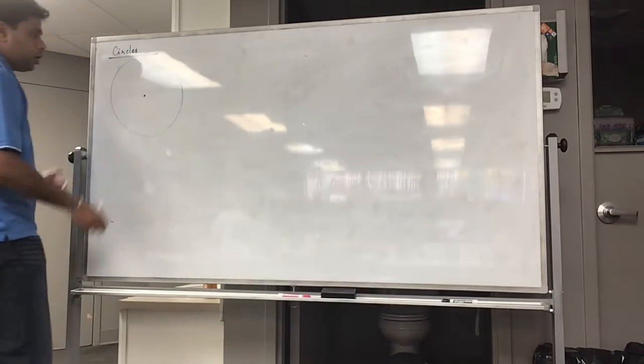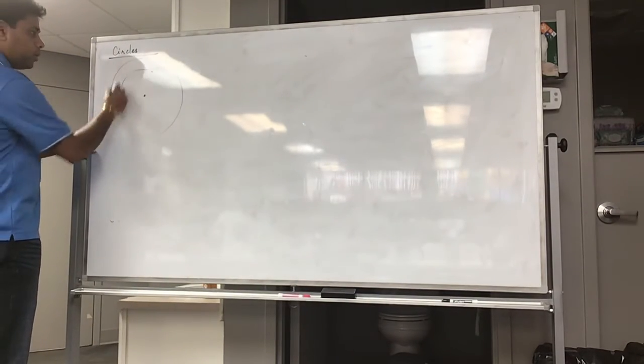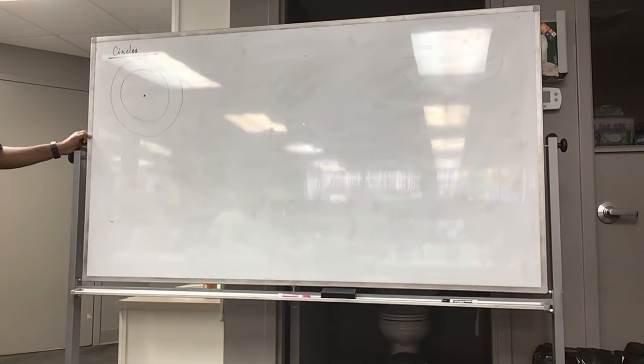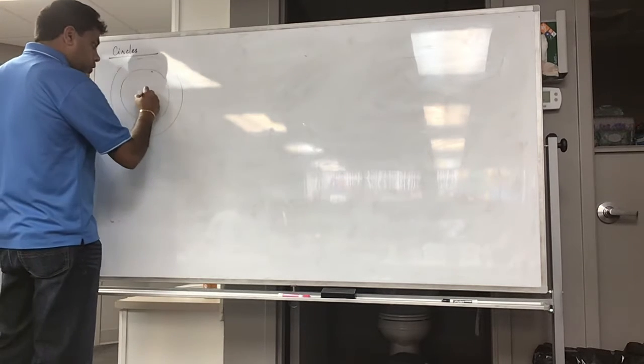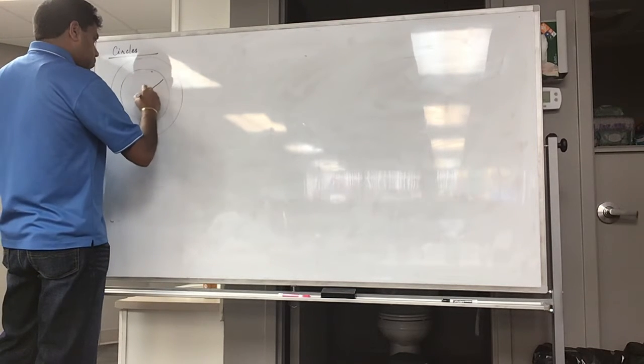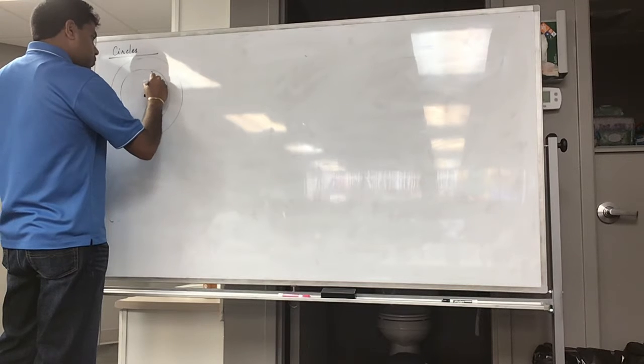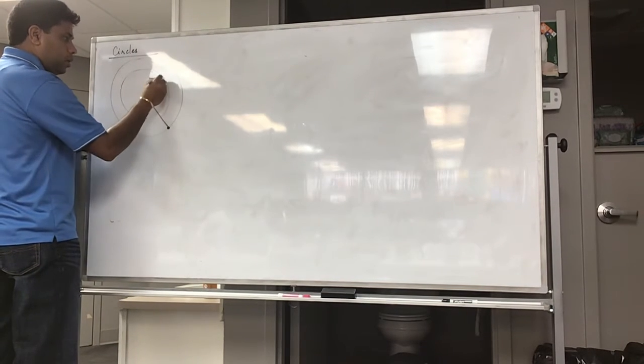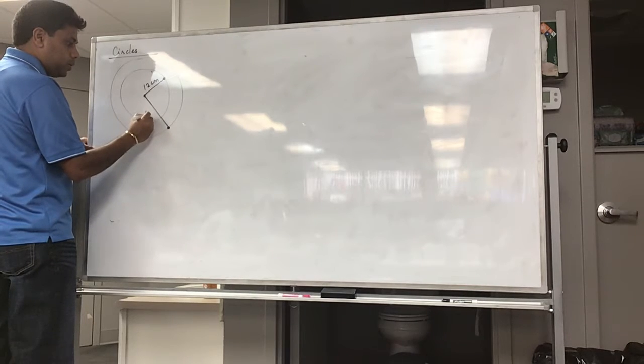First question. If you have two circles with the same center point but different radii like this, these are called concentric circles. So two different radii but the same center point. Let's call this 12 centimeters, and let's call this one 14 centimeters.